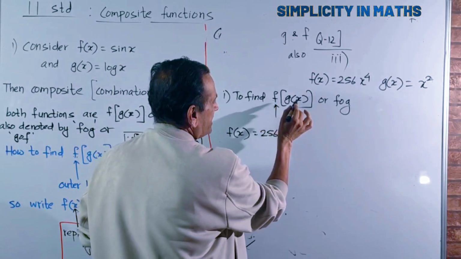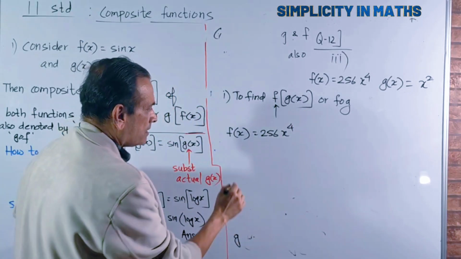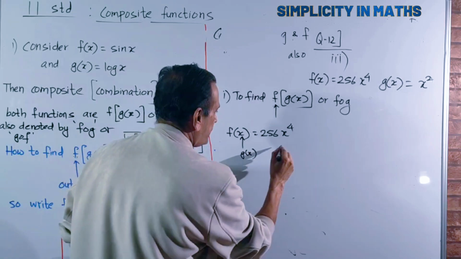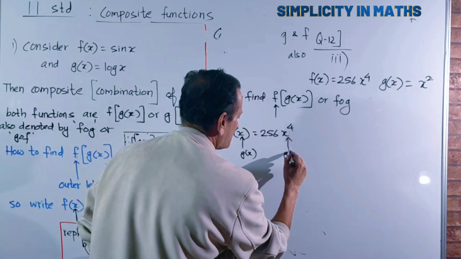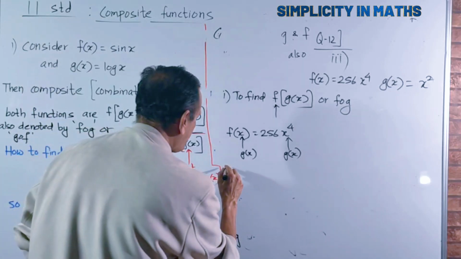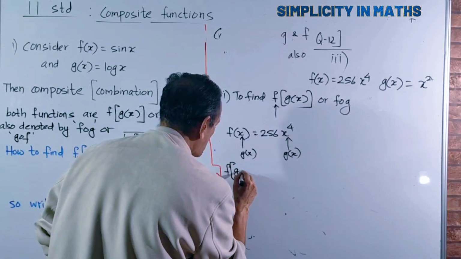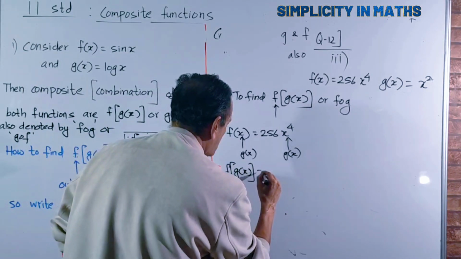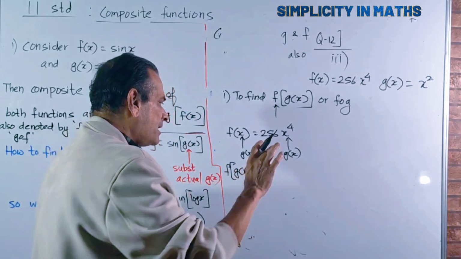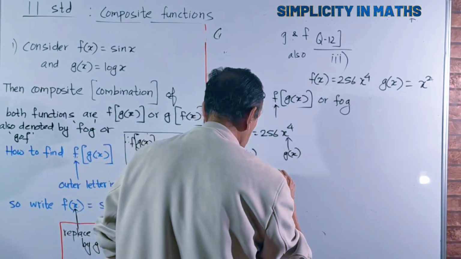F के सामने क्या चाहिए? gx. So replace x by gx. Replace x by gx, both sides. So f of gx. Right hand side, keep everything same except replace x by gx.